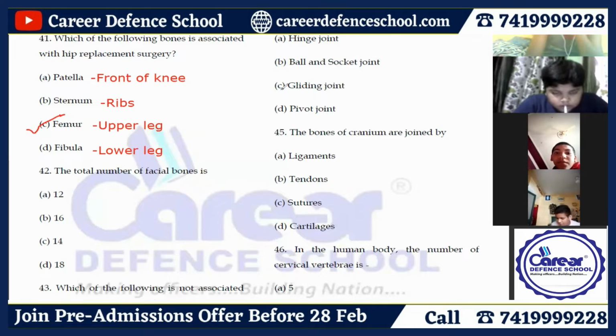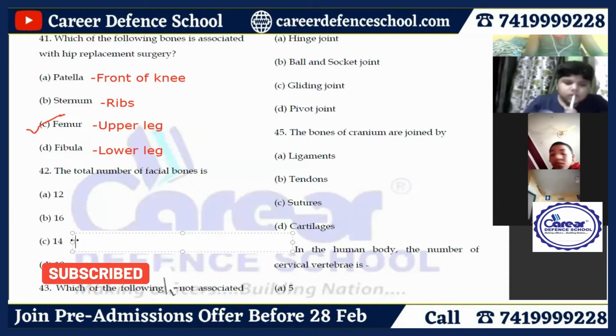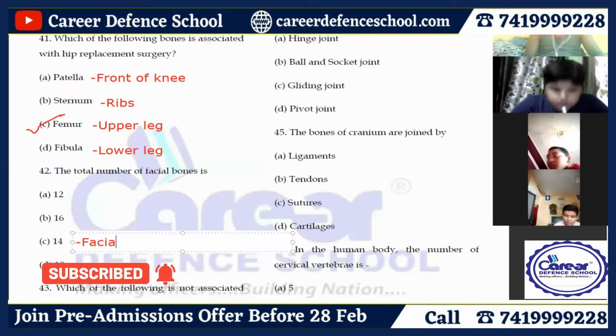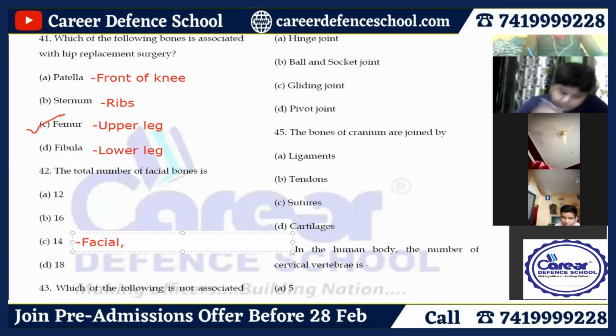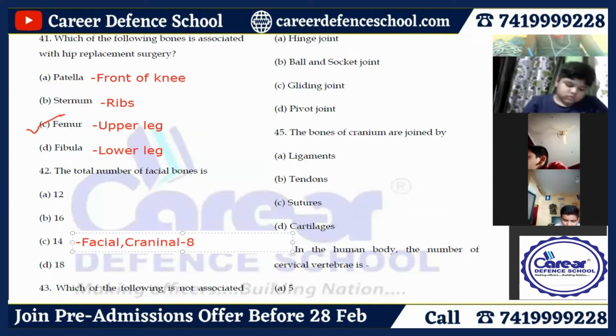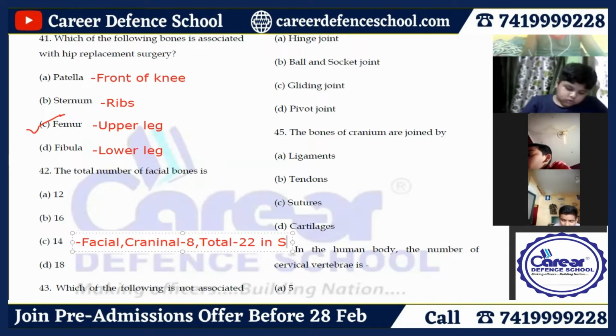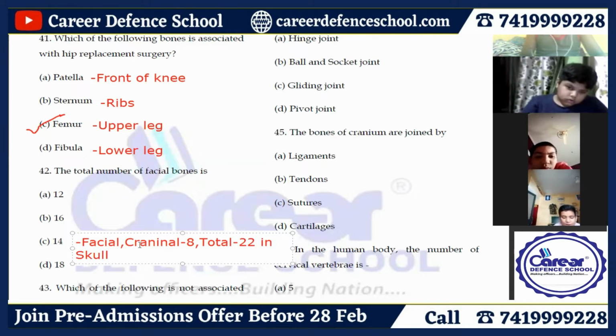Very good. Excellent. So basically there are 14 in the facial. Its answer is 14. And we have cranial, means in our skull, we have 8 and total 22 in our skull. Write down this.